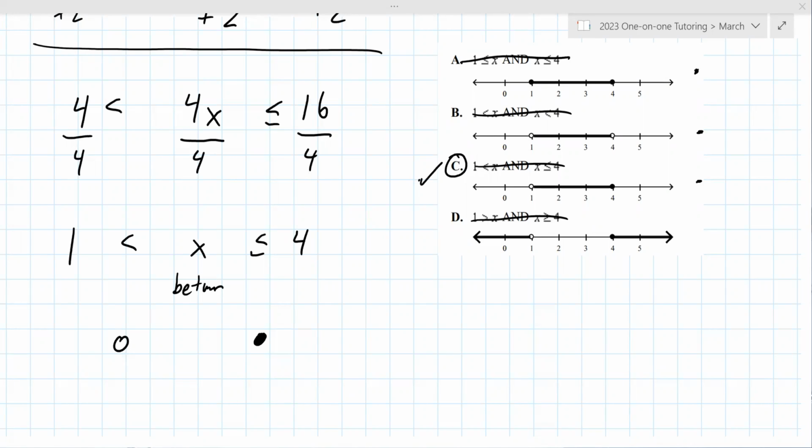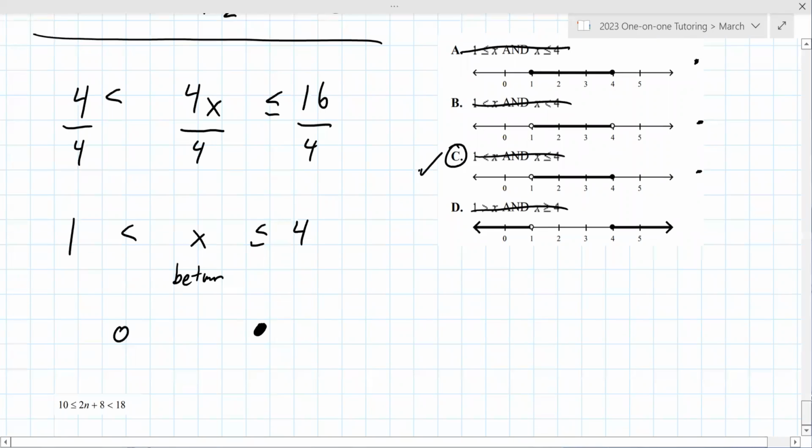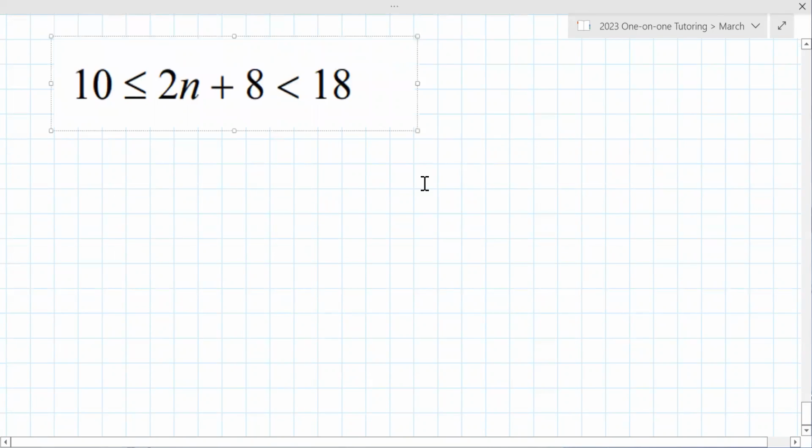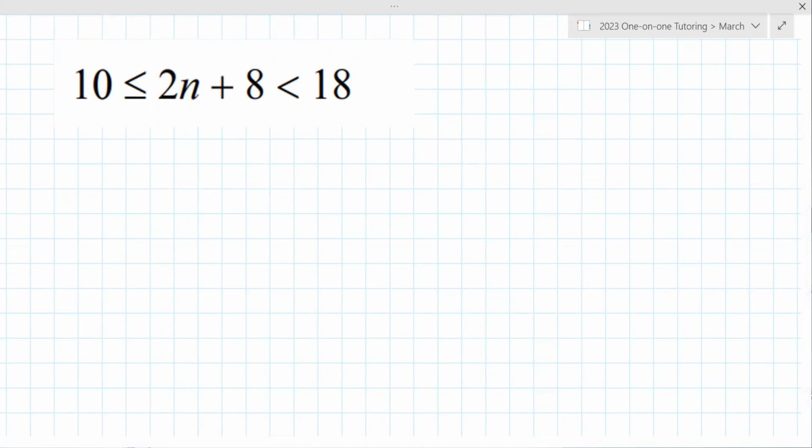Here's another one for us to look at. Another compound inequality. What's the first thing to do to solve this? Hold on, let me fully write it down.